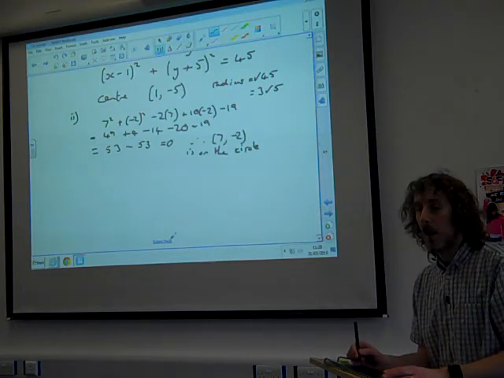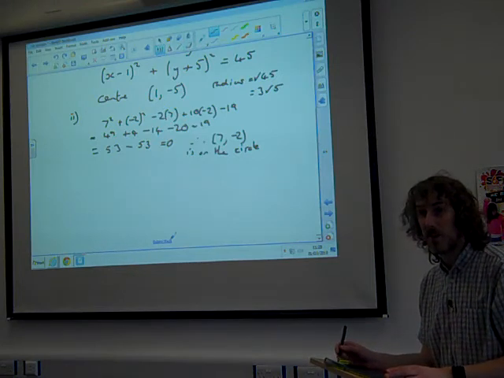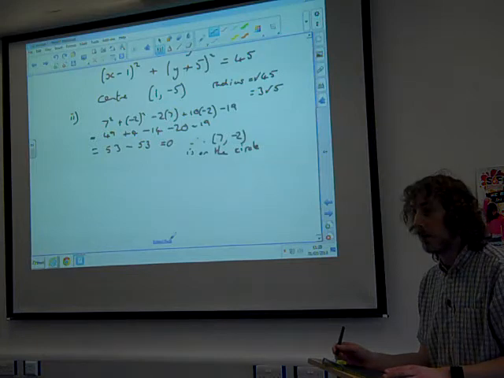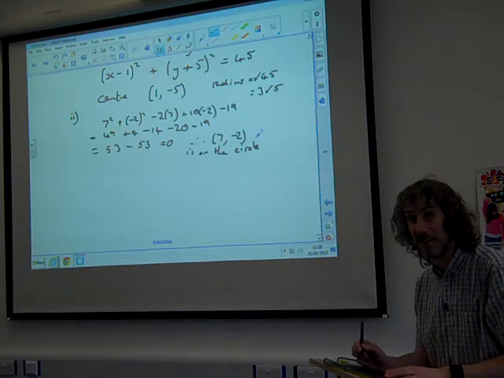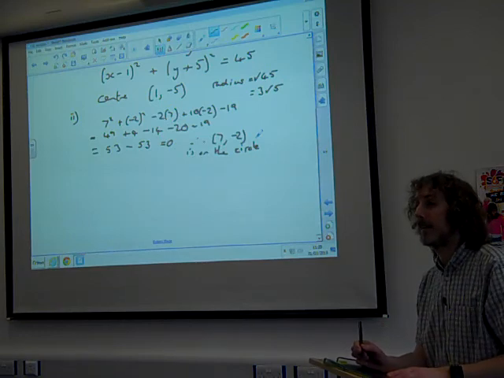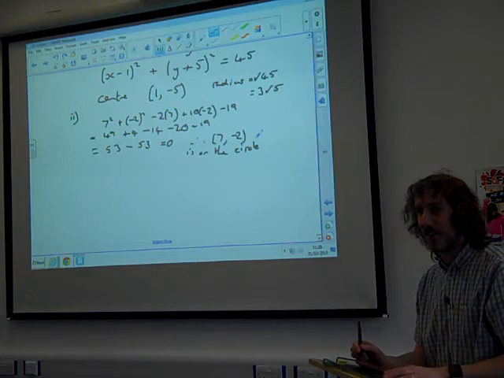Okay. It's a really tame kind of question, that, isn't it? Just to verify that. Especially when the point 7, minus 2 is such an exciting point, because it's living on the edge of the circle.